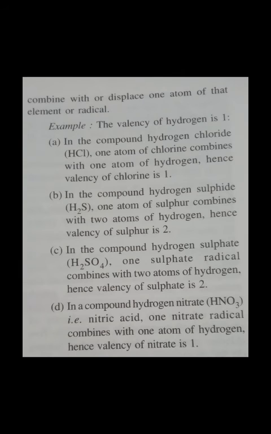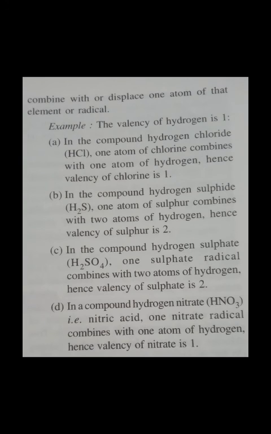Or we can also define valency in terms of the number of hydrogen atoms. The number of hydrogen atoms attached to another element is its valency. So in HCl, how many hydrogen atoms are there? 1. Valency of chlorine is 1.